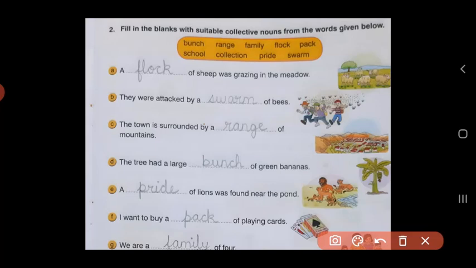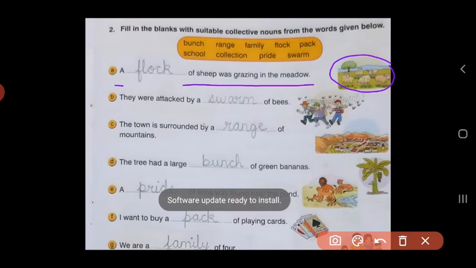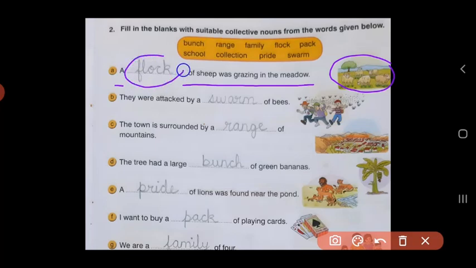Let's start with A. A dash of sheep was grazing in the meadow. So this is a meadow which is a green grass area, and there is a group of sheep that are eating the grass. Whenever sheep are together in a group, the collective noun used is flock of sheep.